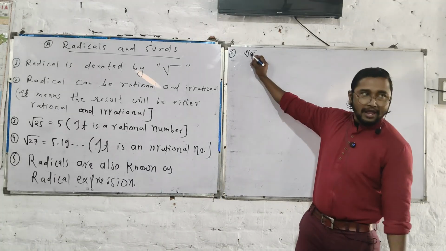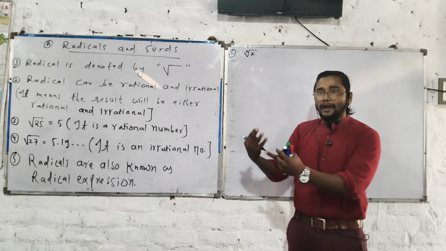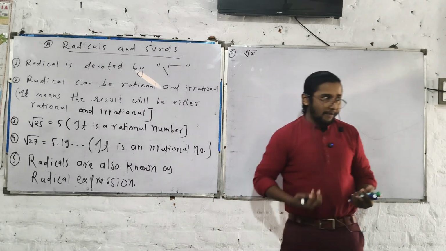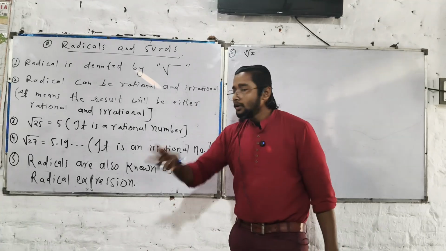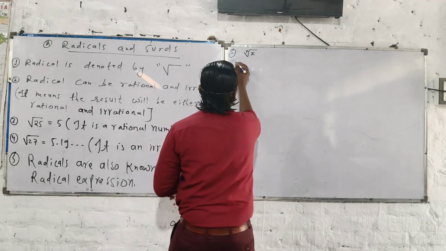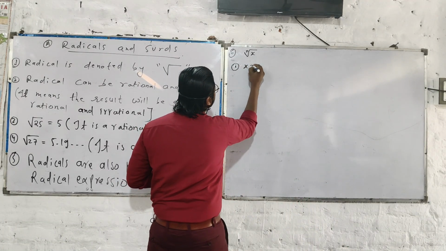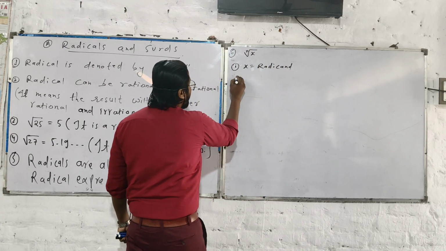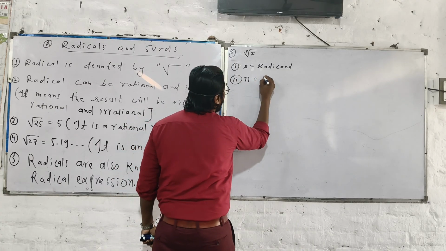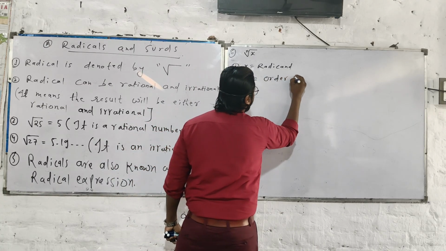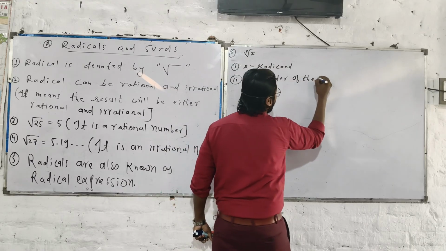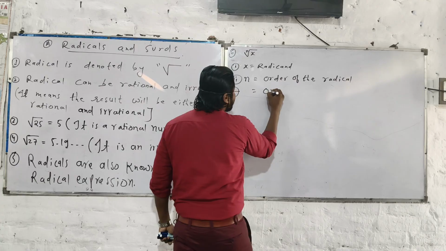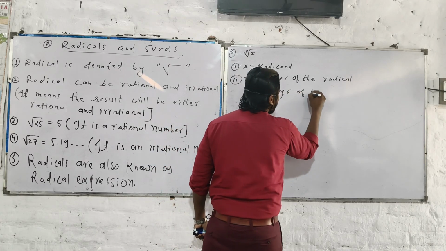There are some rare conditions and exceptions we have to discuss, but right now the value of n can be anything I want to put. Now you will say x is called the radical, and n is called the order of the radical, or we can say the order of the surd.